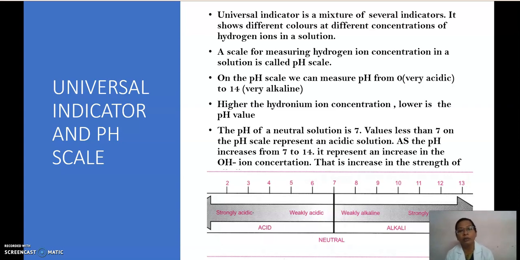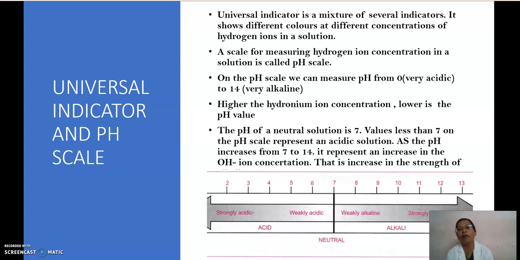And we already know that if the acid is concentrated, it contains more hydrogen ions. And if it is weak, that means it contains fewer hydrogen ions. So the number of hydrogen ions determines whether it is more acidic, or the OH ions determine whether it is basic.